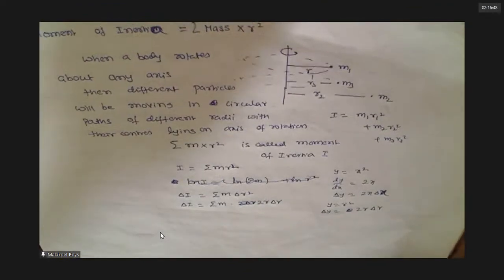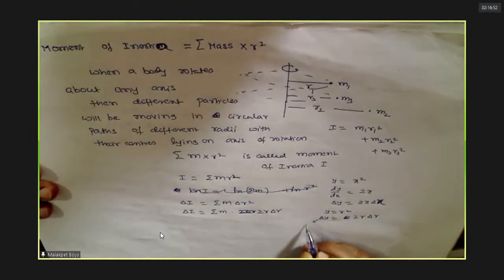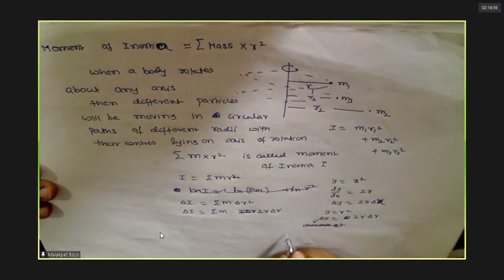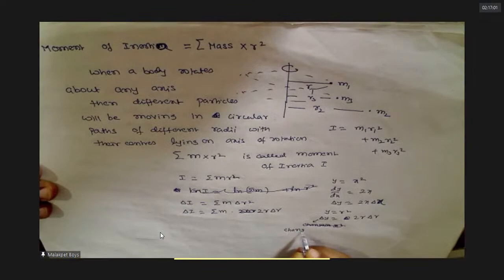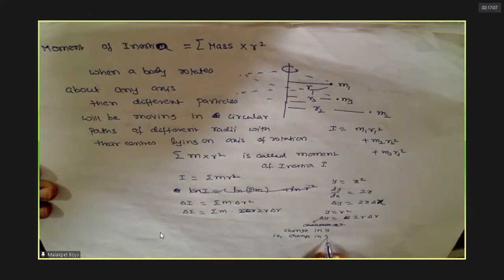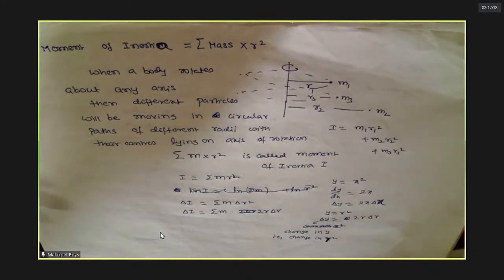Agreed, sir. So this is the change in x square. Change in y, that is the change in x square only. So similarly, change in r square. Till here, any doubt is there?